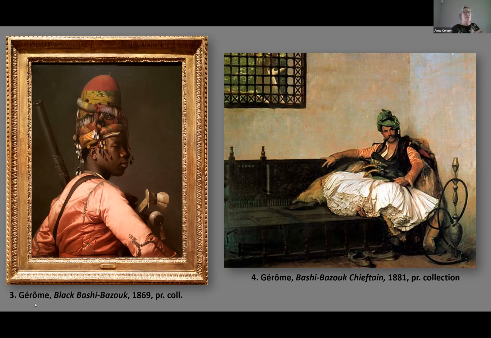In French, for example, it became a word mentioned by a character in a cartoon, and when he was angry at somebody, he would always call him a Bashibazouk. That meant he was a barbarian, a brutal person, used as an expletive.